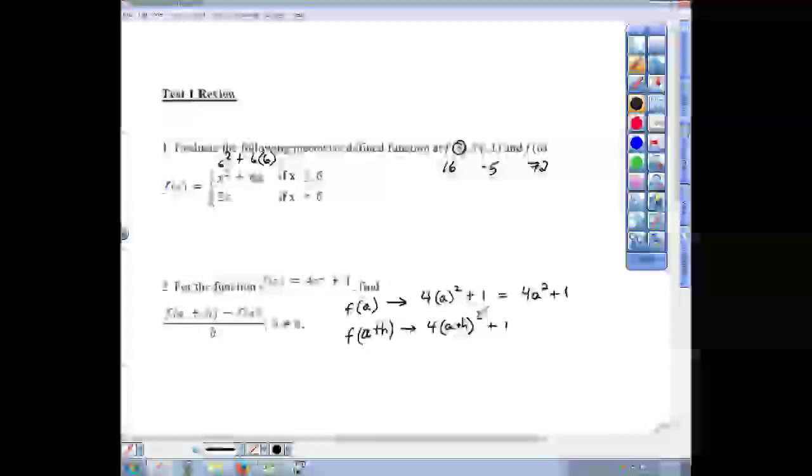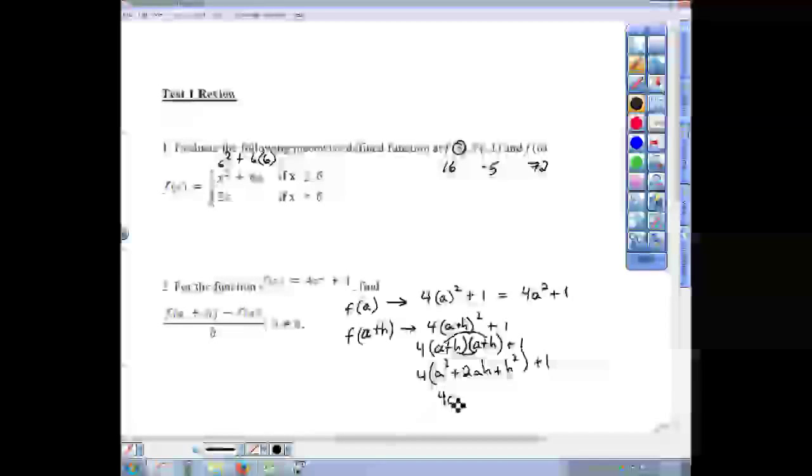One of the tendencies for students is to want to distribute the exponent here. That can't happen. A plus h squared is a plus h times another a plus h. So if you distribute these two parentheses together, you have an a squared, and then an a times h here and an a times h there, so you're going to have 2 a times h terms, and then plus an h squared term.